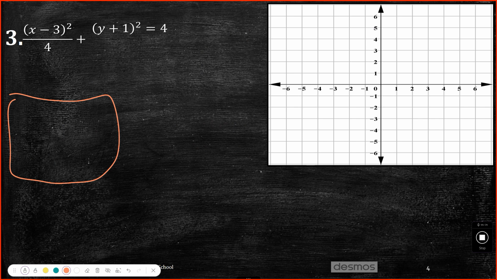Number 3. Is this an ellipse? Yes or no?